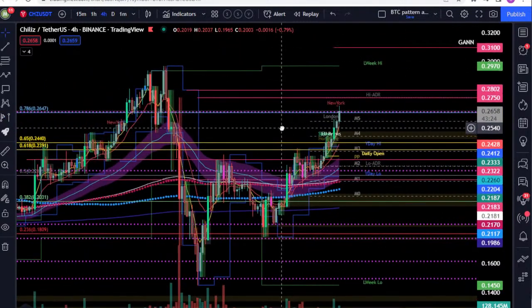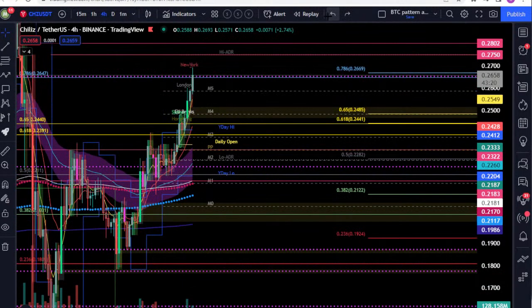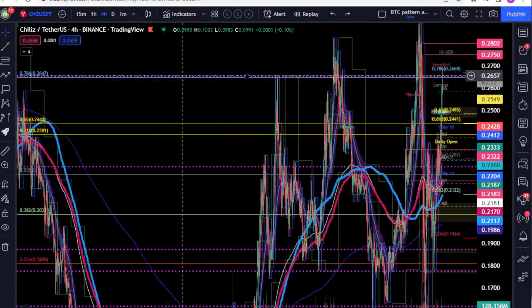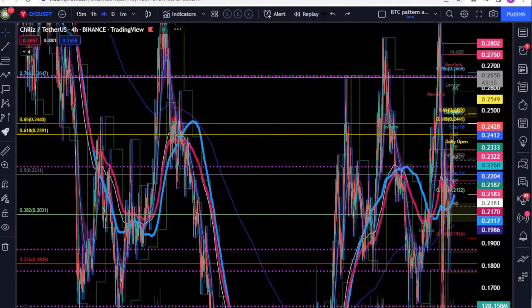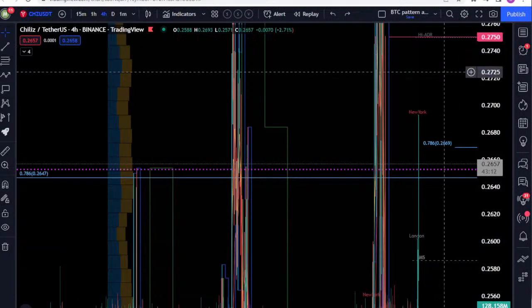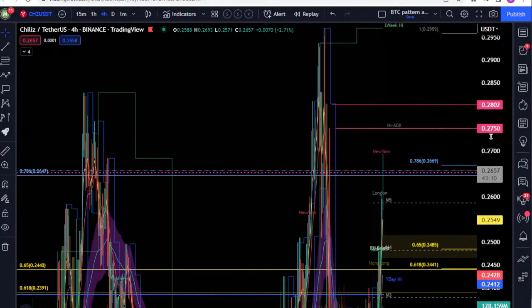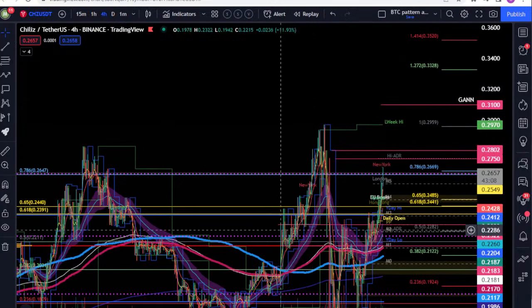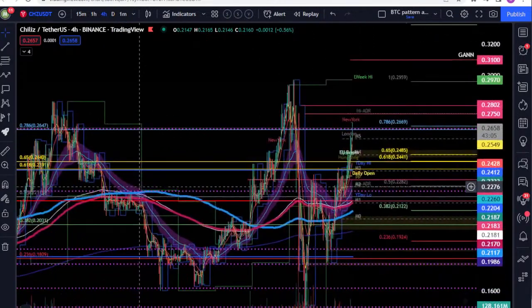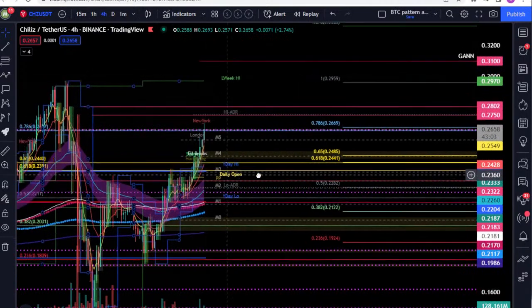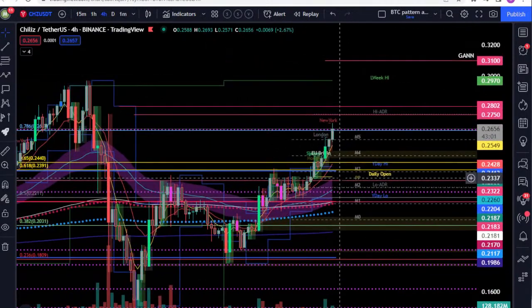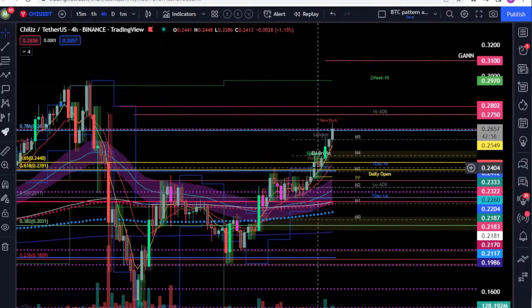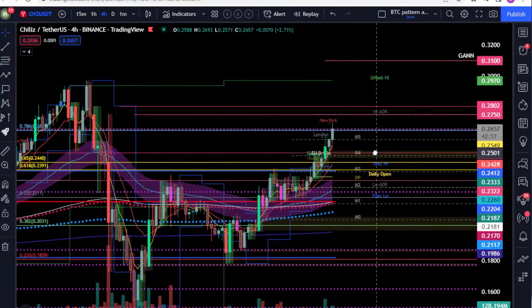If we come down, maybe we retest that value area high bullishly if Chiliz wants to break out from here. You may retest the value area high, which was at our golden pocket, which had high confluence, but unfortunately we only had 2 confluences. Didn't mean much. Sometimes it does, but over here maybe you might come down and retest 0.2391 and continue higher.